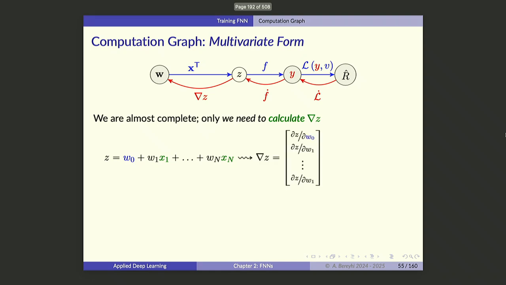The second one is the partial derivative with respect to w1, w2, and so on till wn, right? What is the partial derivative with respect to w0? x0. What about w1? x1. w2? x2. And so on. So it's basically the vector x itself, right?